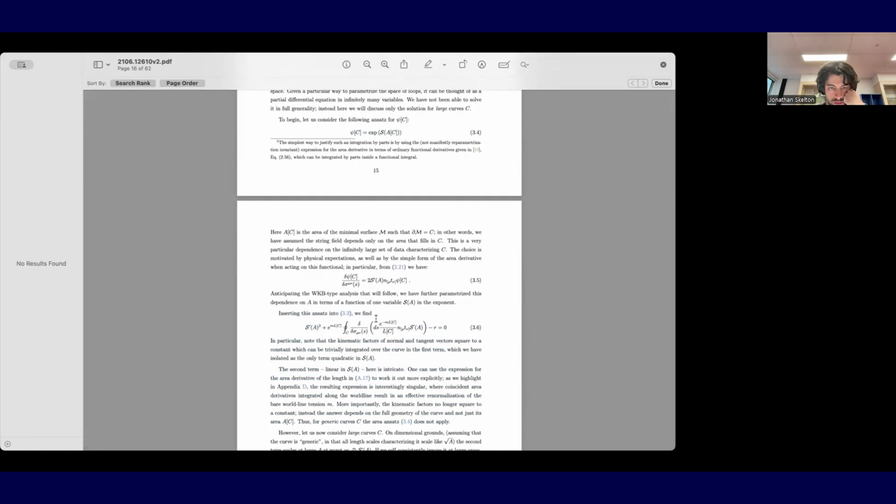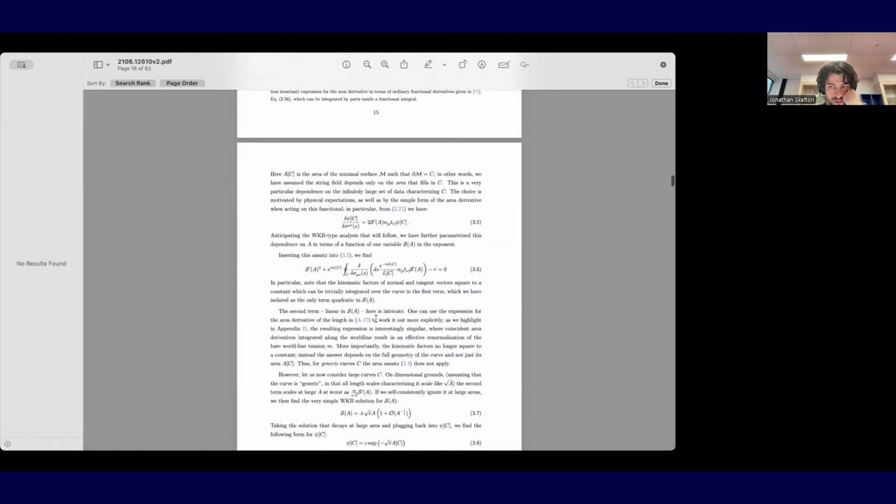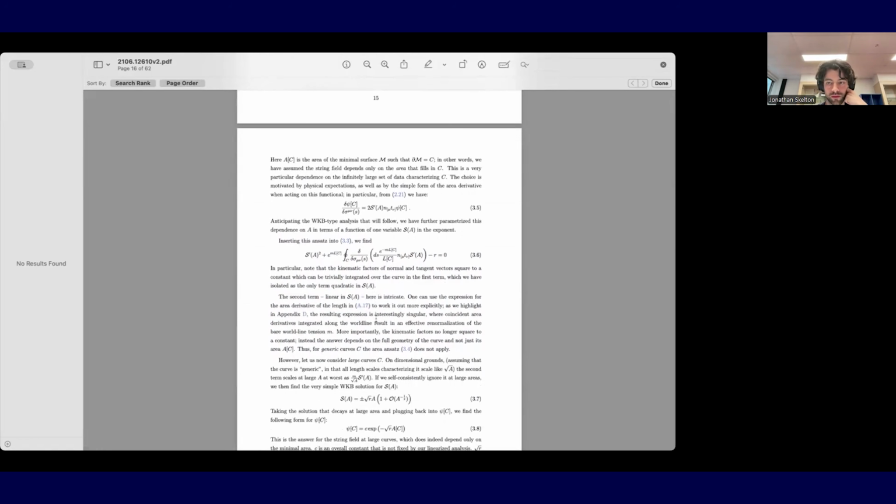But then they removed that term. There are several steps where they approximate and say maybe this one is less important than this one because it will grow like that. That was their argument. So you can basically remove it, and that's why you have S prime equals R.